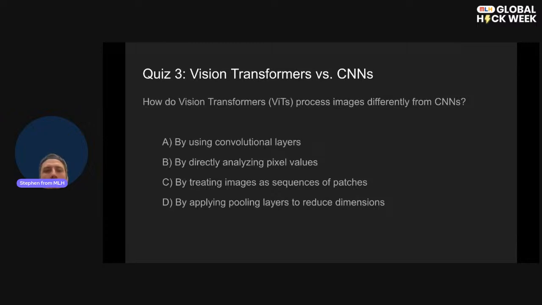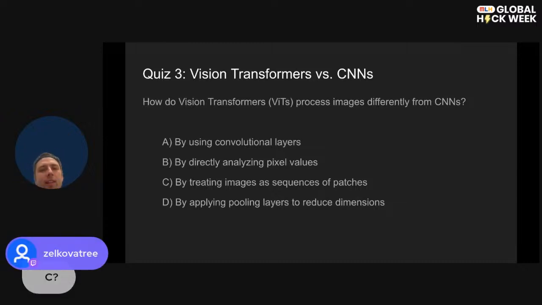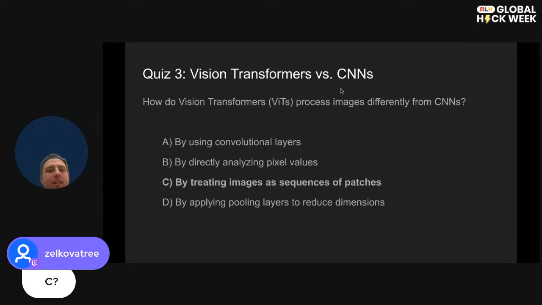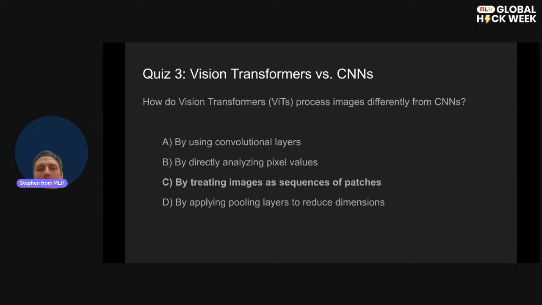All right, so a little bit of confusion on this one and not as many answers coming through, but this is correct: by treating images as sequences of patches. So we're just trying to apply that same sequence knowledge from transformers to images.